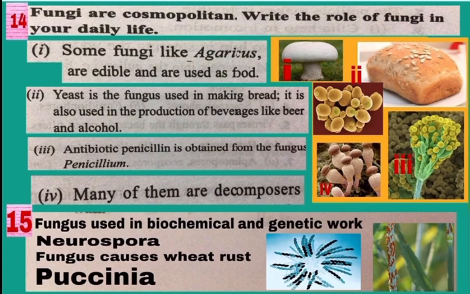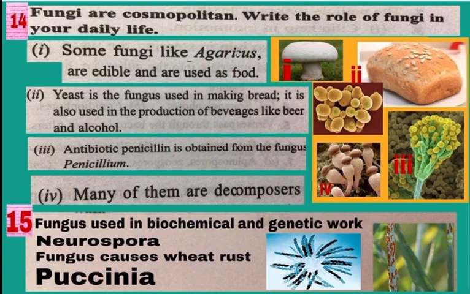Number 2, it is yeast and it is used for making bread and also for making beer and alcohol. Number 3 is Penicillium and it is used for making antibiotics. And number 4 are fungi used as decomposers, which help in breaking dead organic matter into simpler substances.